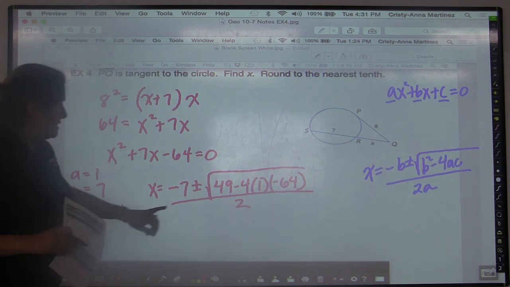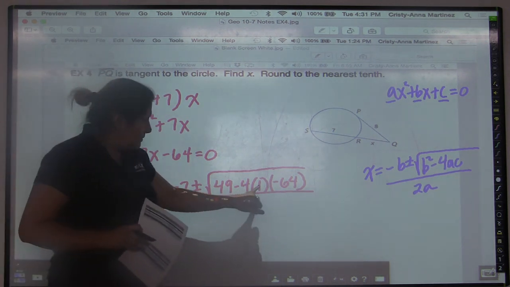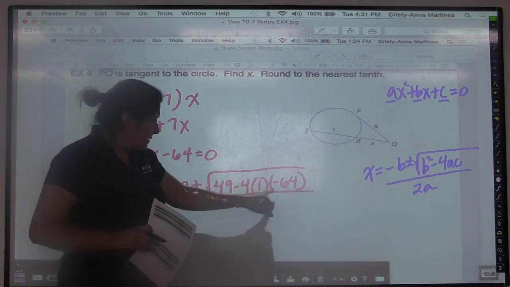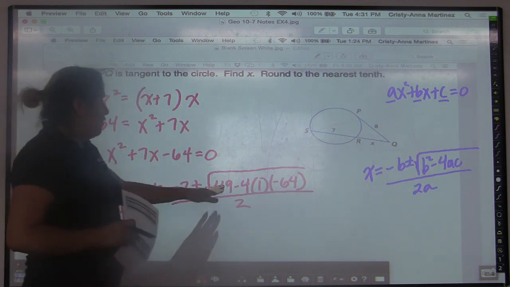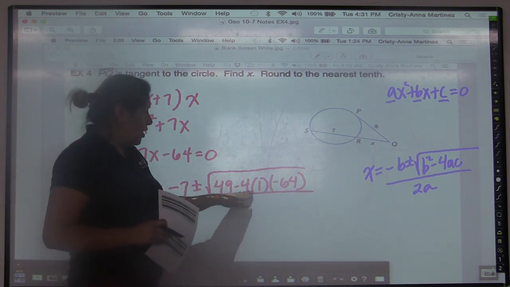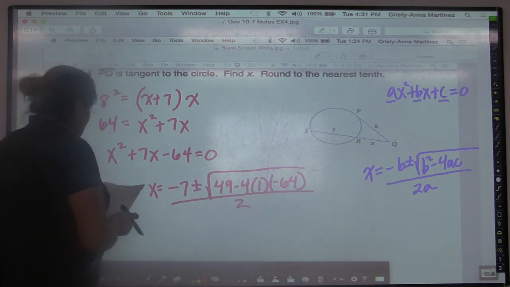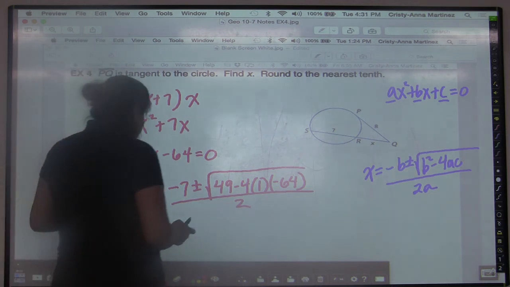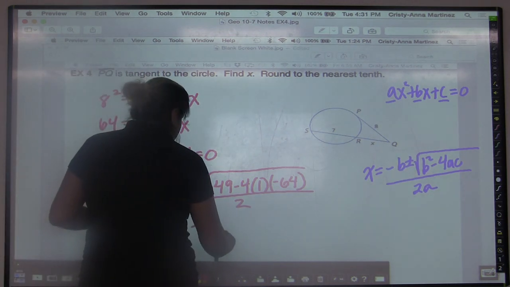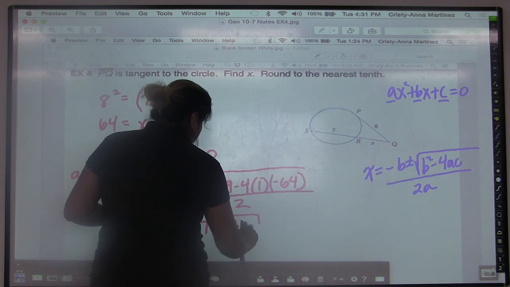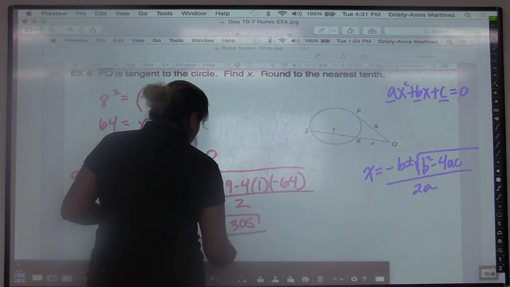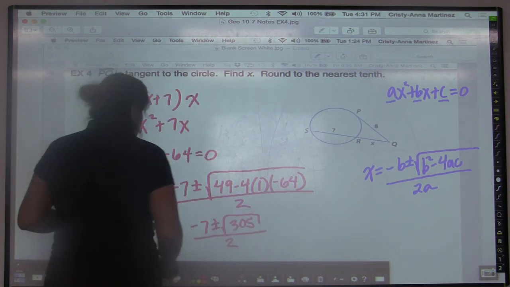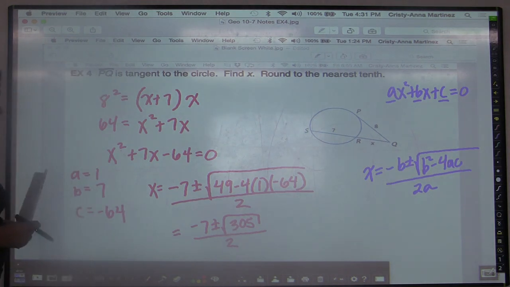So here I can see that this is a negative 4 times 1 times negative, so these two negatives are going to make it a positive. So really it's 49 plus 4 times 64. And so I'm going to actually end up with 305. If you don't believe me, you can put it in your calculator and you shall see. So I get negative 7 plus or minus the square root of 305 divided by 2.